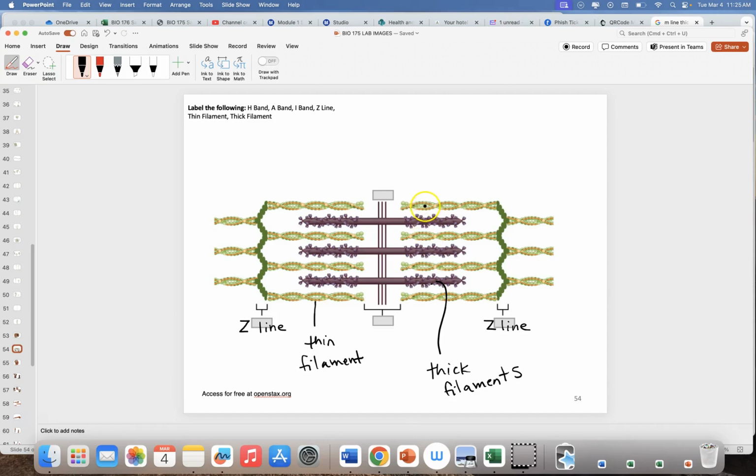We notice that in some parts of the sarcomere, the thin and thick filaments overlap. When the thin and thick filaments overlap, we call that the A band.